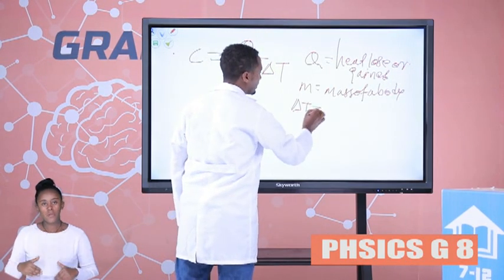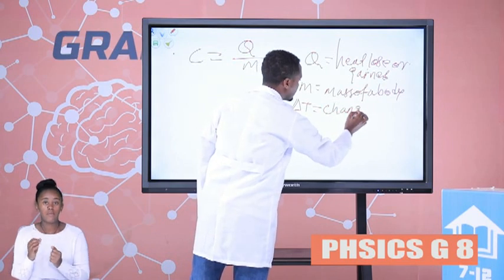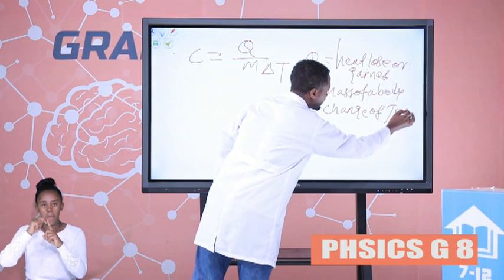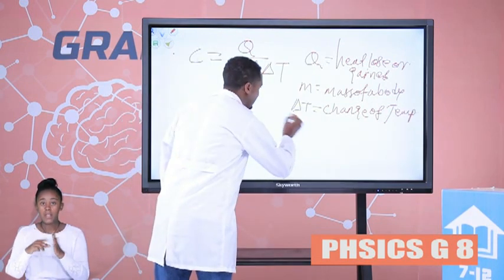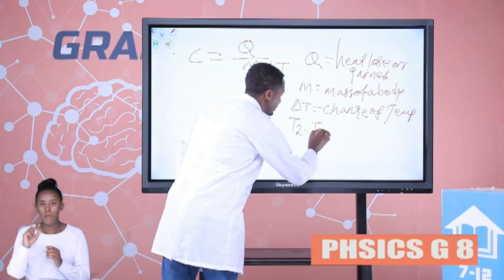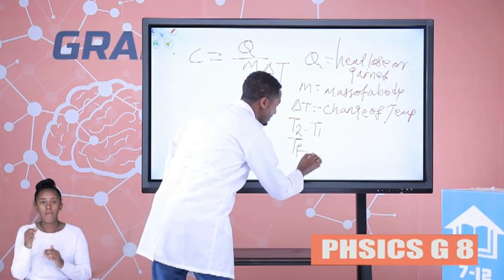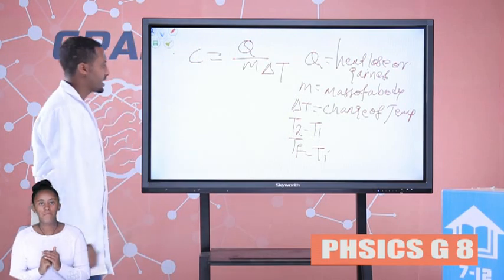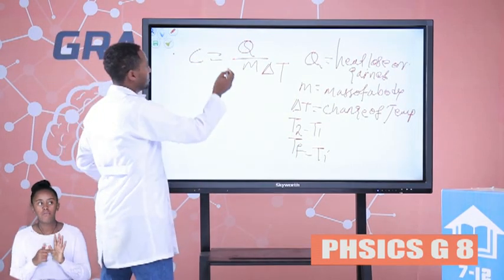Change of T is equal to change of temperature. This means T2 minus T1, or Tf minus Ti, final temperature minus initial temperature.